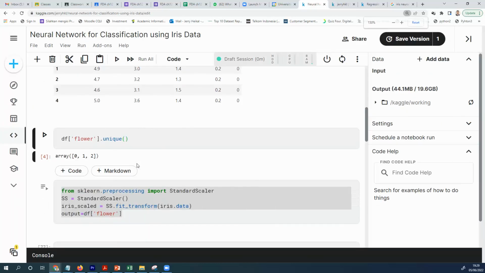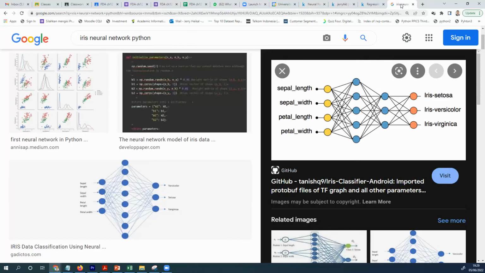Pak Jerry? Yes. Sorry, Pak, but the question is a concept one. Is the hidden layer always 2 or can it be more than 2? It can be more than 2, a lot of hidden layers. Is there any minimum for the hidden layers? No, nothing.